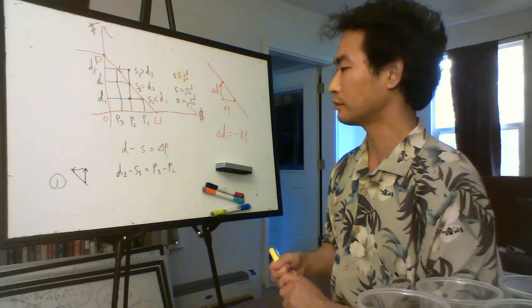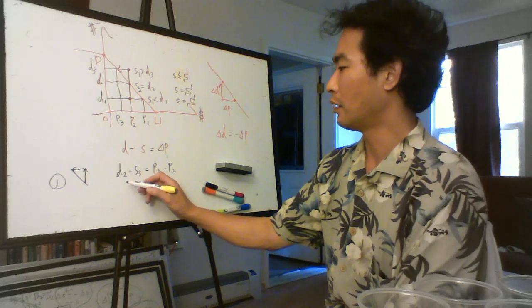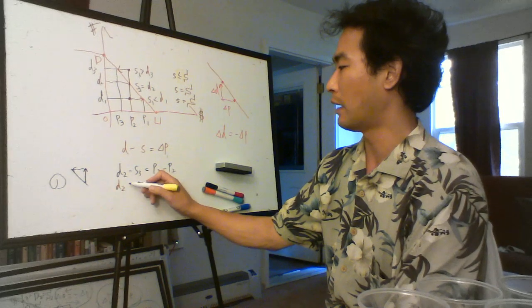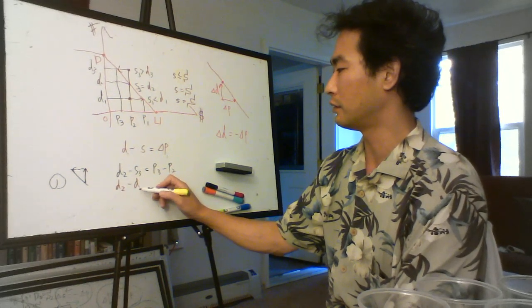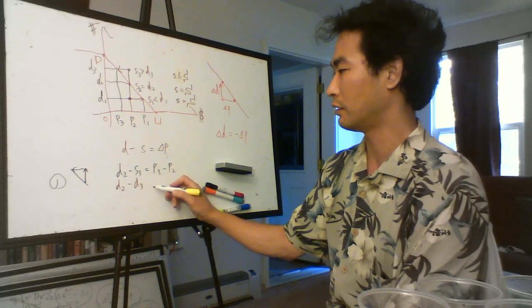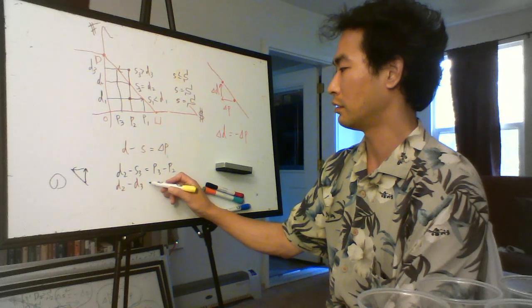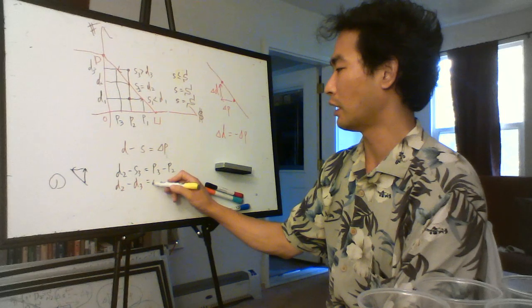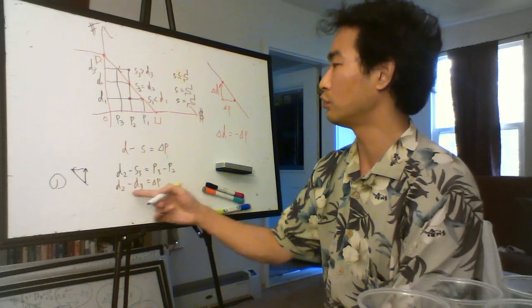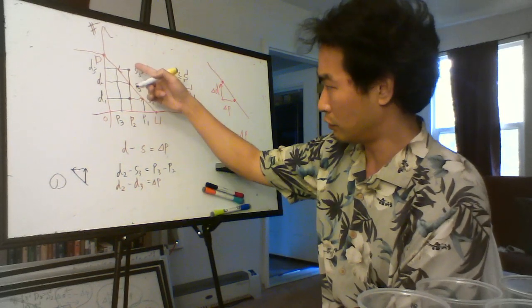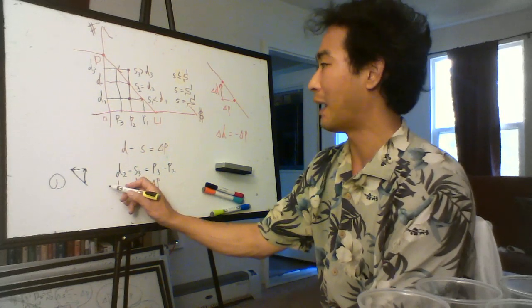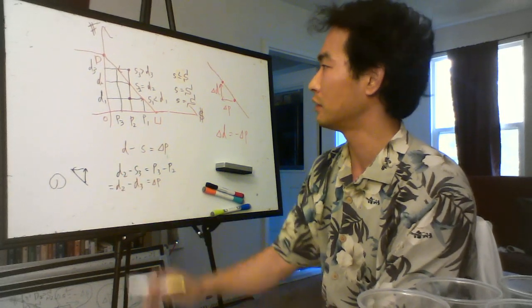So this is same as D2 minus D3, is equal to delta P. So D2, D3. And this is minus delta. Is it?